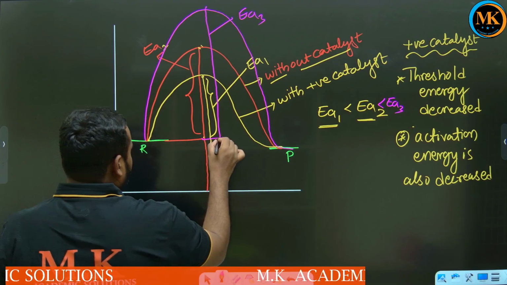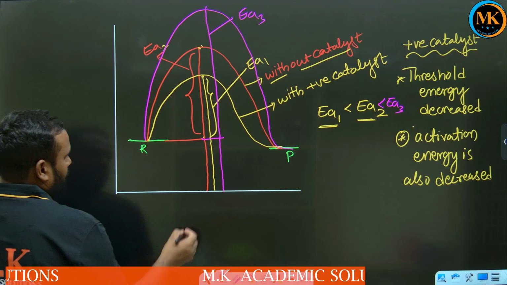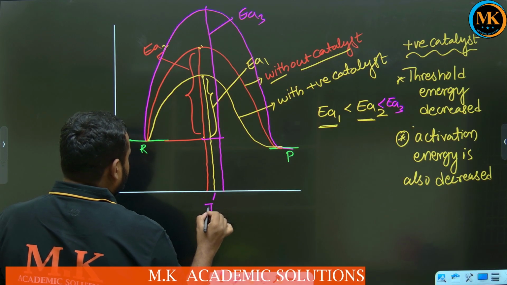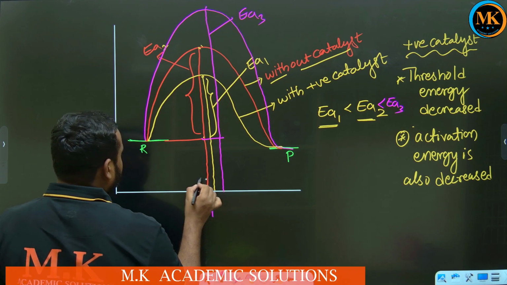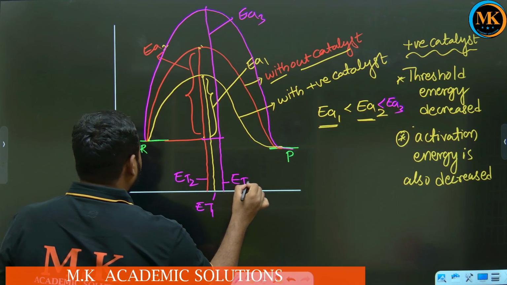Up to here is the threshold energy. Consider this as threshold energy 1, ET1, this is ET2, and this is ET3, threshold energy 3.